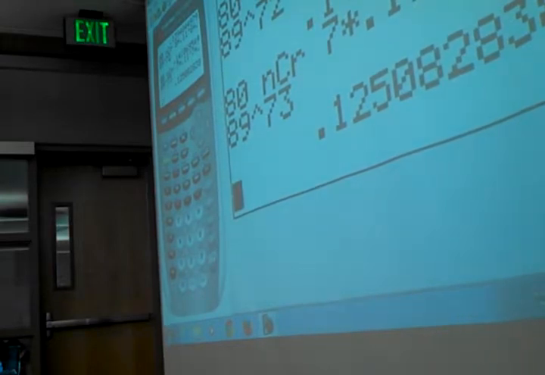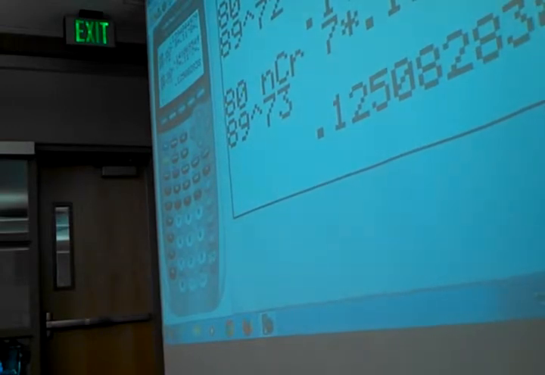So if I pick, what do you got, Jeff? 38 people at random. What's the probability that exactly 3 like them? So try to set up the formula. Try to plug it in your calculator.